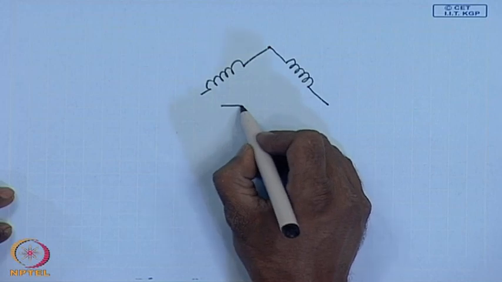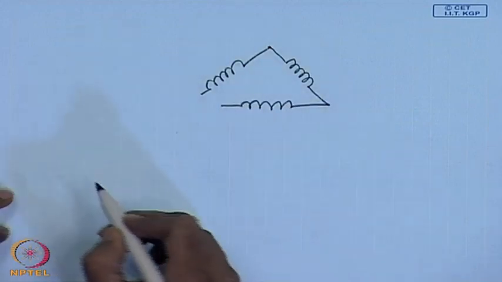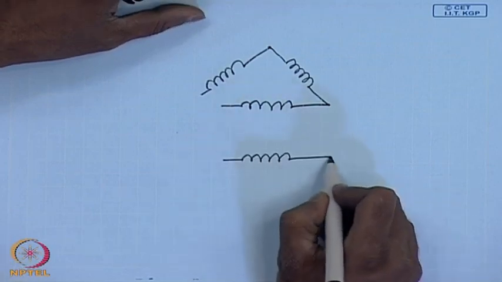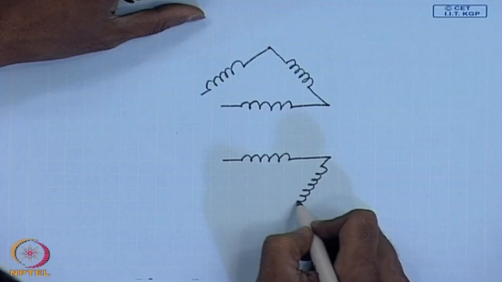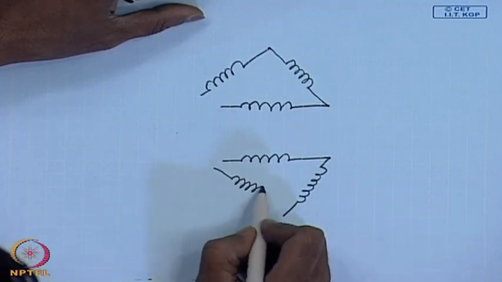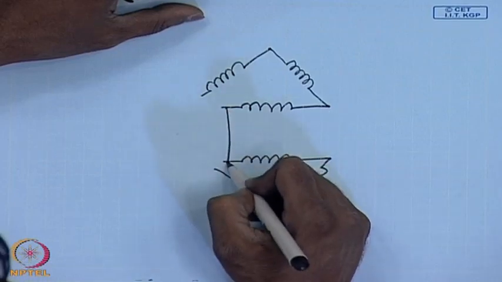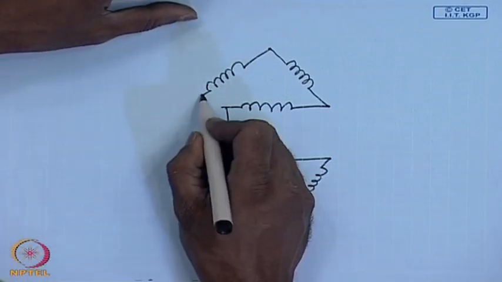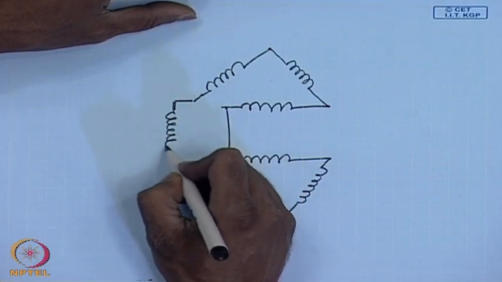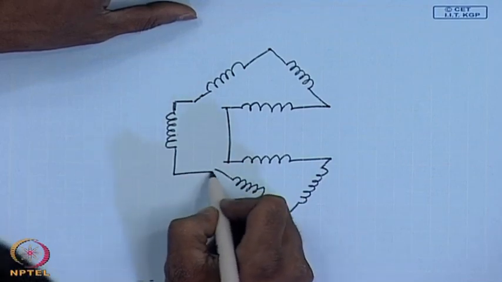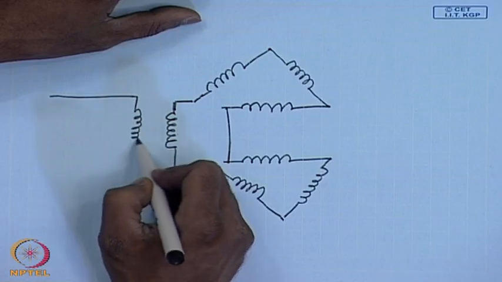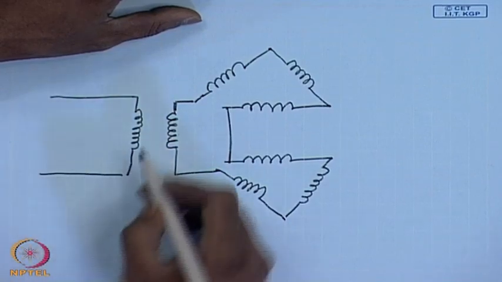You open the delta at both the windings at one point, and connect these two open ends in series, and then you can connect a single phase auxiliary transformer like this to circulate the necessary current through it.